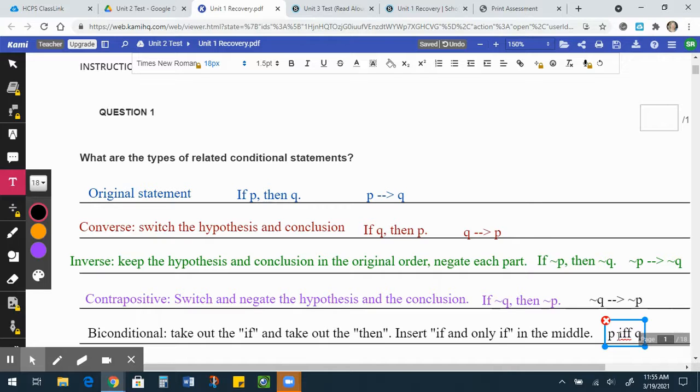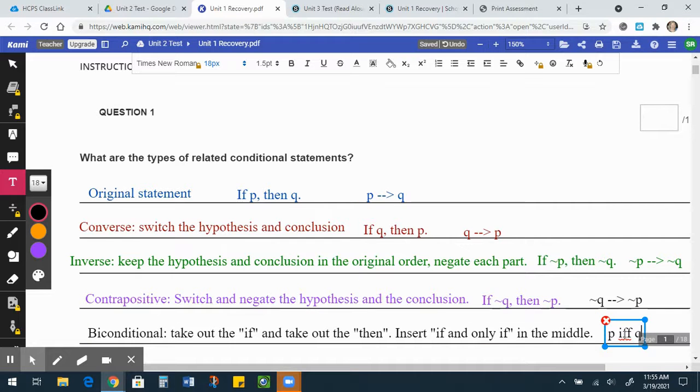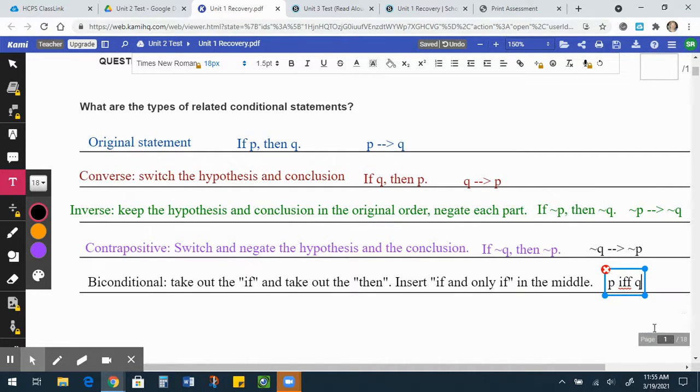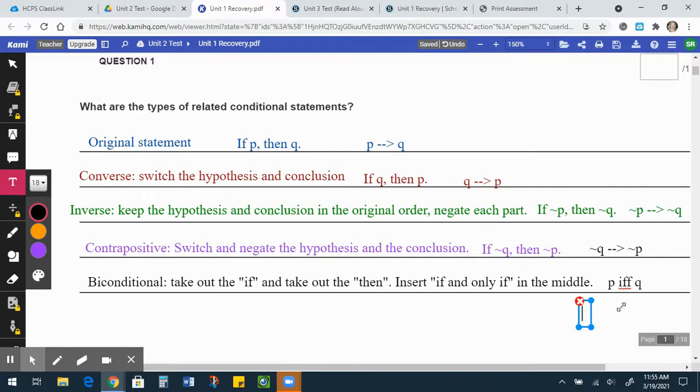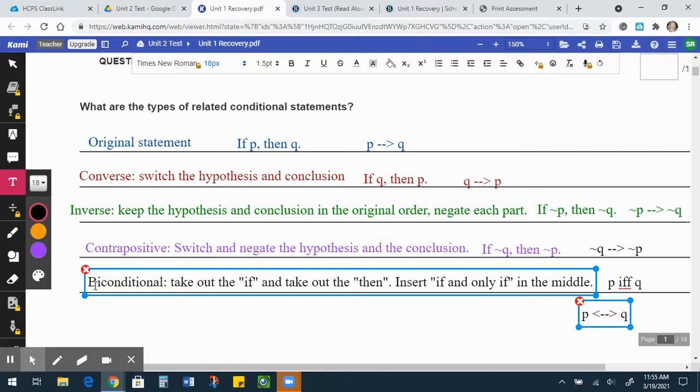Now, that's an appropriate abbreviation for if and only if. If you want to write out the words, you can, but that's the little shortcut if you'd rather use it. And in symbolic notation, it would be P double arrow Q. Bi means two.